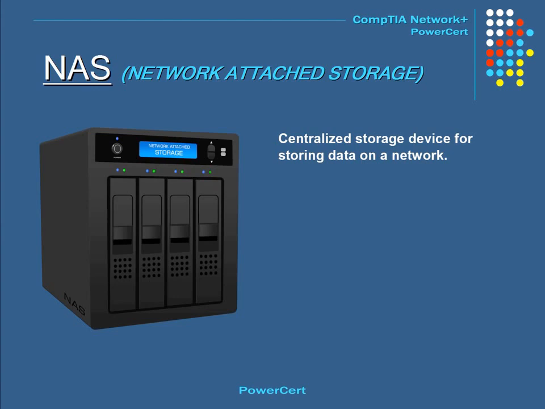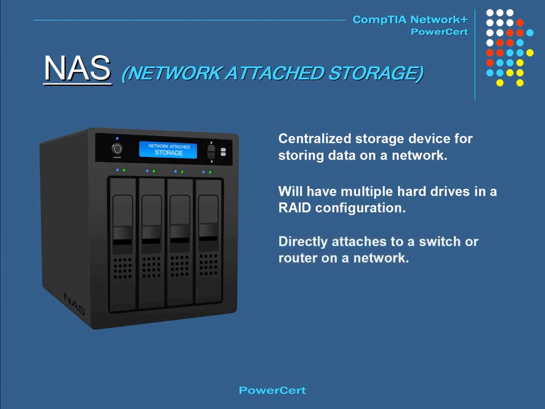Typically, an NAS will have multiple hard drives in a RAID configuration for redundancy, and a network interface card that directly attaches to a switch or router so that the data can be accessed over a network. And then once it's on the network, it can be accessed from other devices such as desktops, laptops, and tablets through a shared folder.